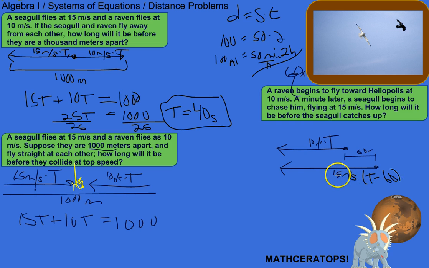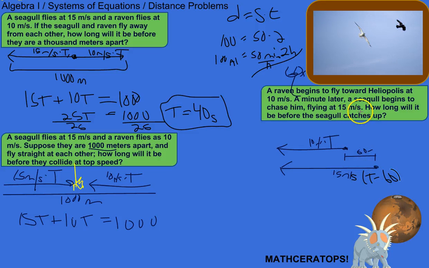So the seagull is going to fly at 15 meters per second, but for 60 seconds less. The amount of time that he has in the air flying is 60 seconds less than the raven, because the raven got a 60-second head start. If that makes sense, okay?